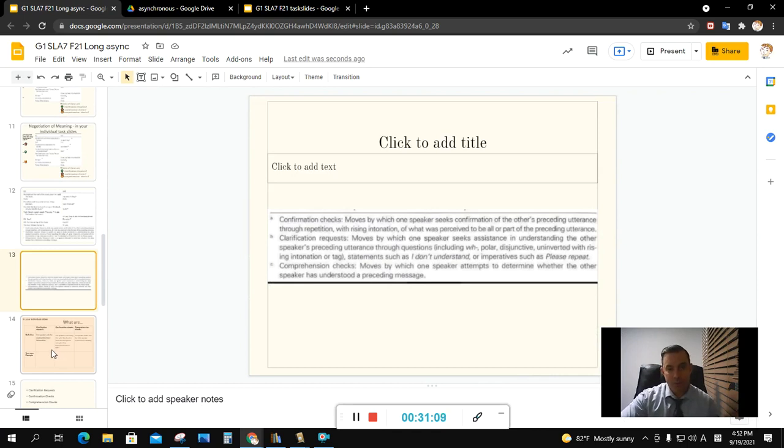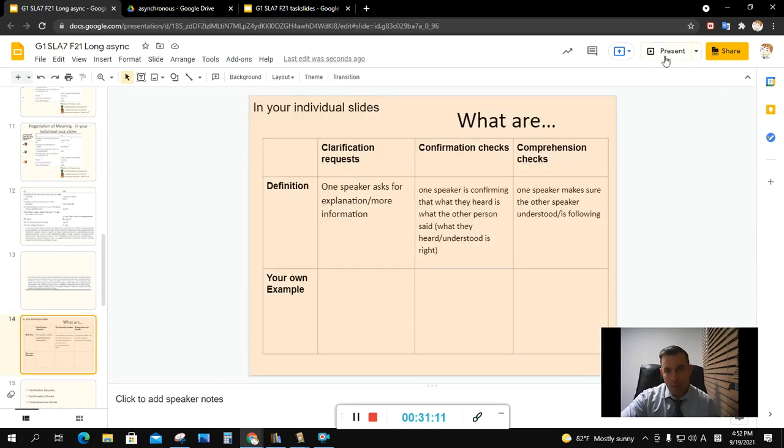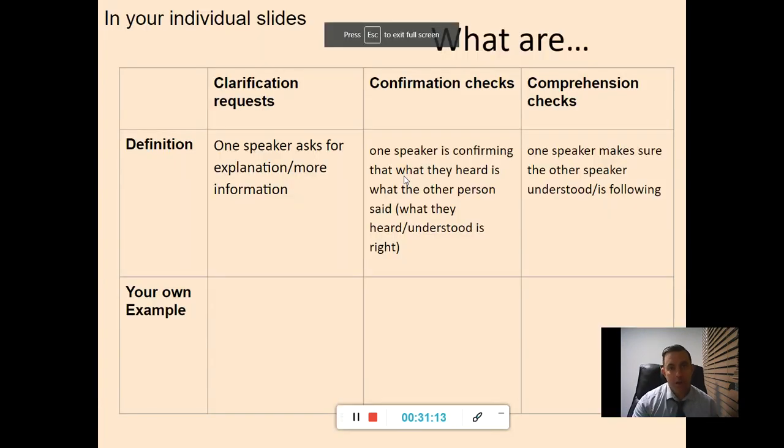Which brings us to our next task in your individual task slides. So I've given my definition of each of these so you don't have to do that part. But all I want from you is your own example of each. Your own example of what could be a clarification request.